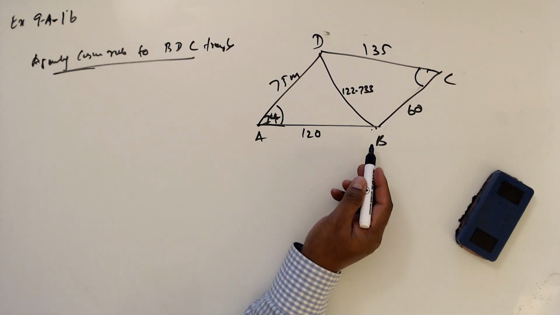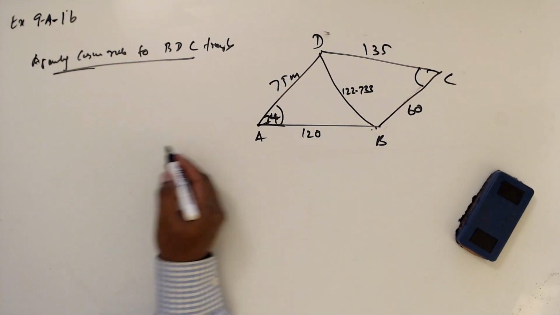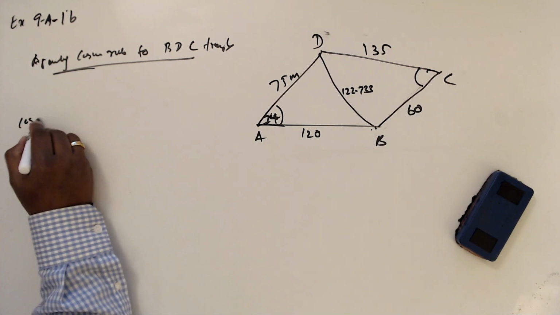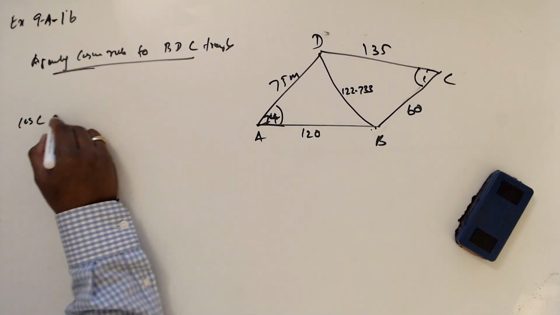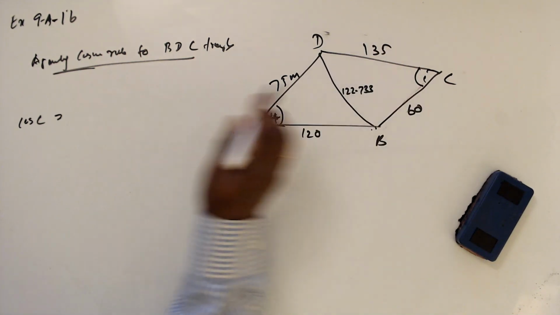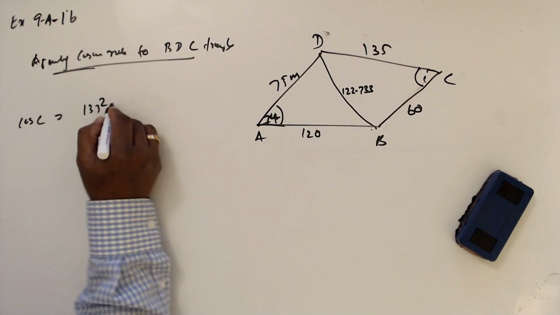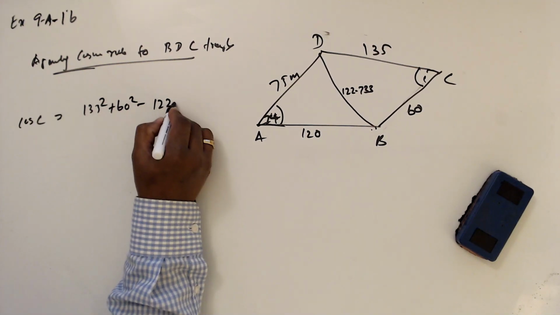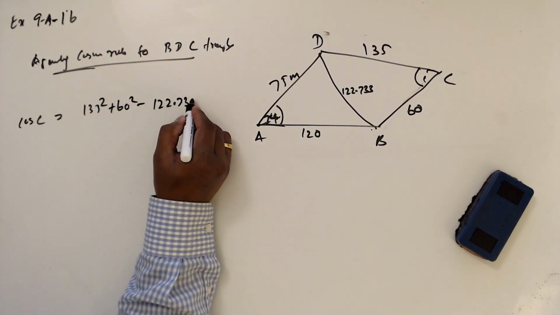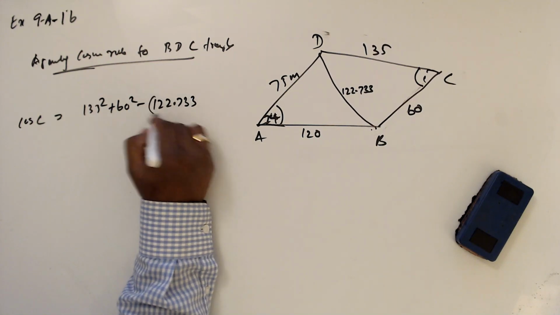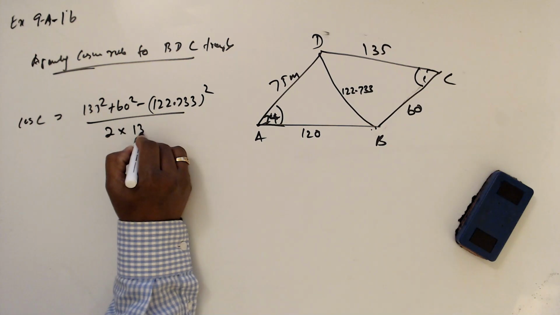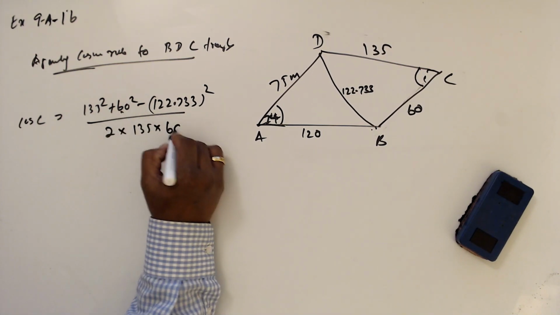Then this is going to be cos C. Cos C equal 135 square plus 60 square minus 122.733 square, divided by 2 times 135 times 60.